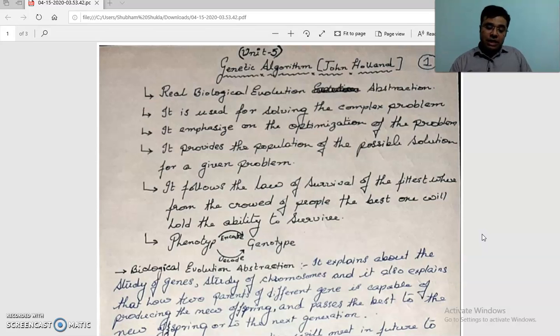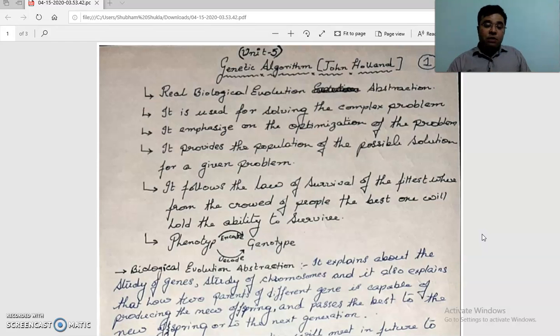Generally in genetic algorithm we use complex problems, which are most often called NP-hard problems, right? Like the traveling salesman problem. This is one of the problems associated with genetic algorithm, which generally has huge complexity that increases exponentially as it progresses.